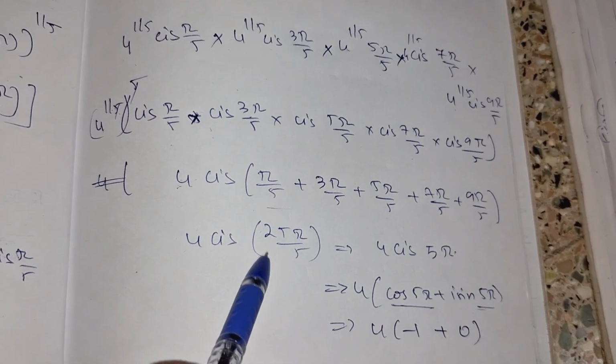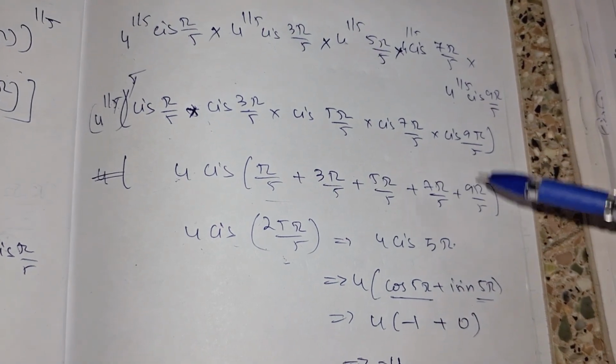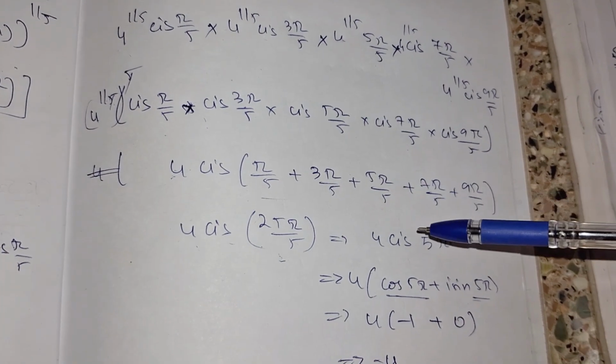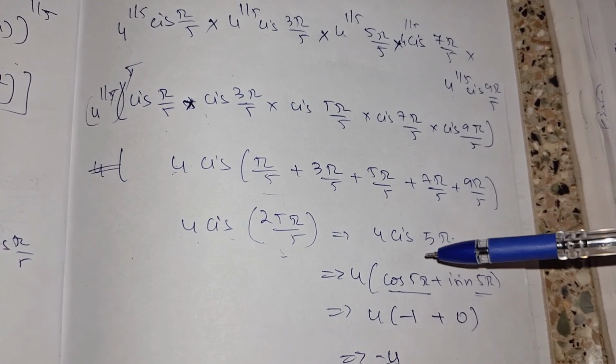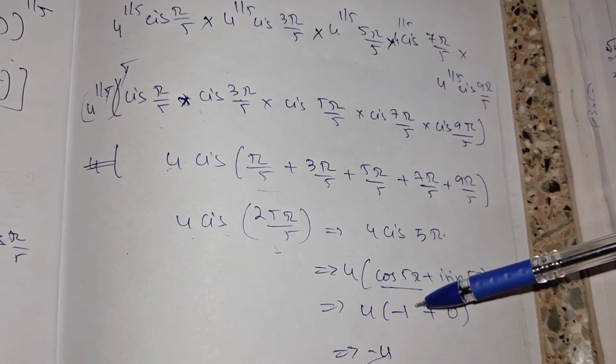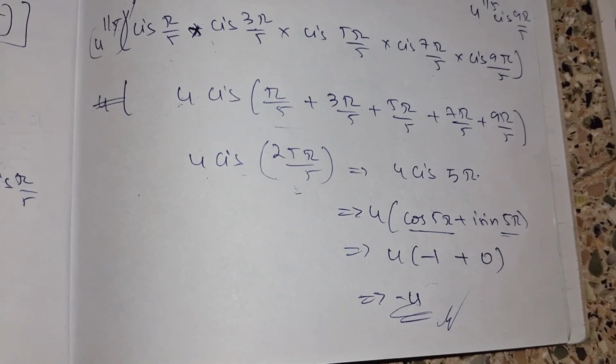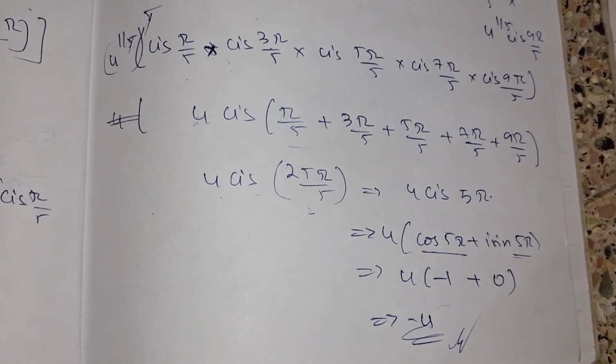Adding all these terms, I'll get 25 pi by 5. 4 cis 25 pi by 5, which is equal to 4 cis 5 pi. Now this 5 pi can be written as cos 5 pi plus i sin 5 pi, which is nothing but minus 4 is the value. So the product of the values of x we got is minus 4. So this is the final answer.